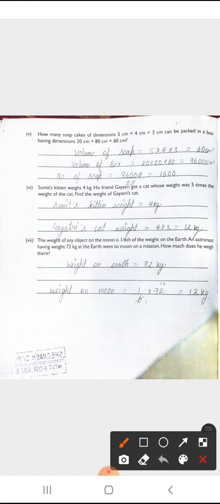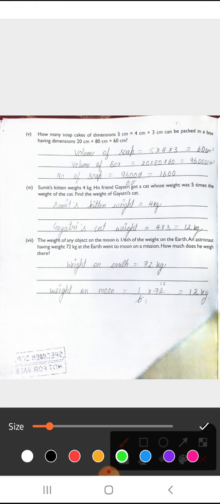Now question number 7 is here. The weight of an object on the moon is 1/6 of its weight on the earth. An astronaut having 72 kg on the earth went to the moon on a mission. How much does he weigh there? It is said that our weight on the moon is 1/6 of our actual weight.